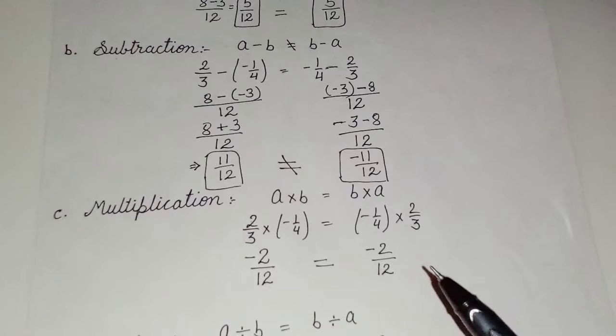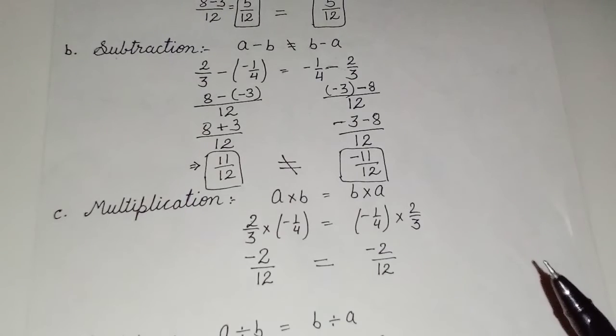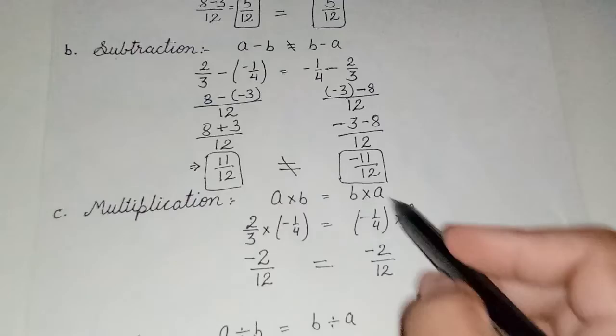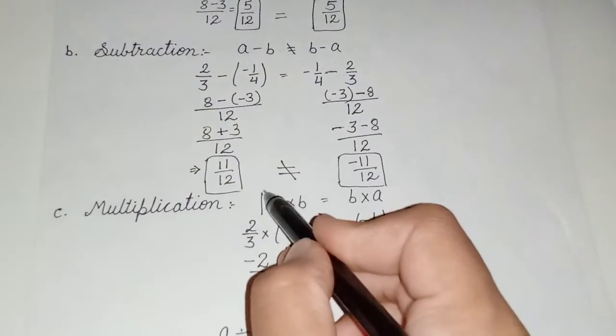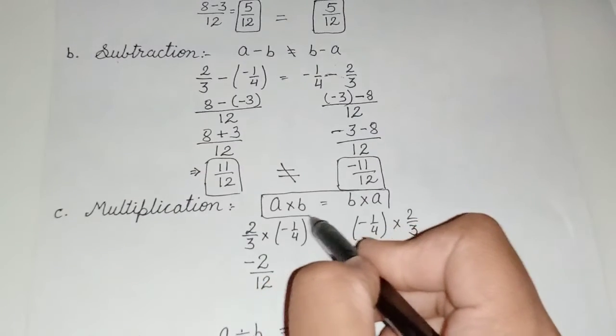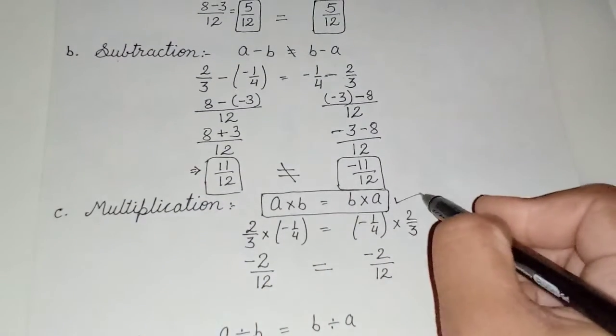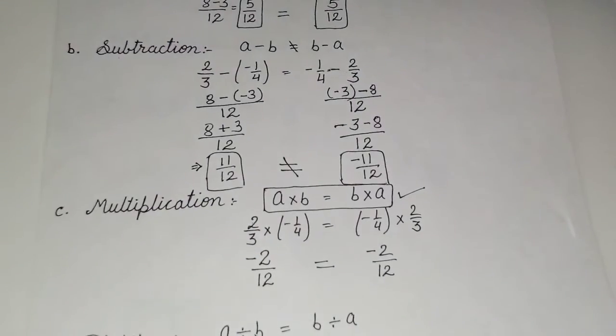That means the order of the rational numbers can be changed in case of multiplication. So rational numbers are commutative under multiplication. So commutativity exists under multiplication of rational numbers.